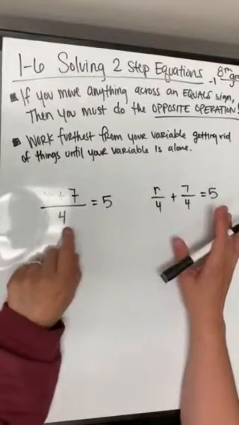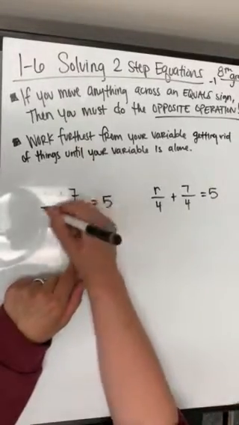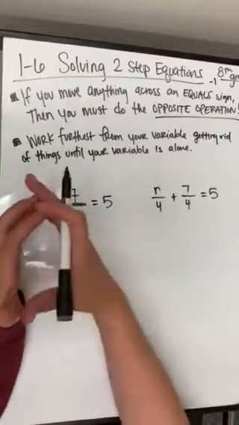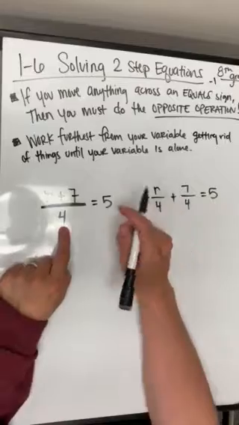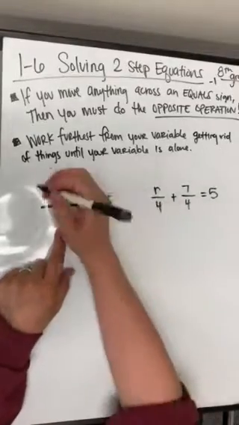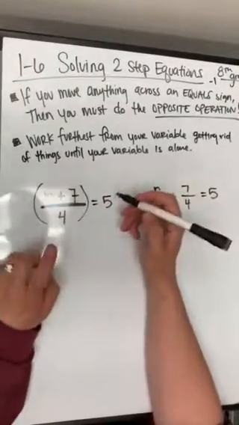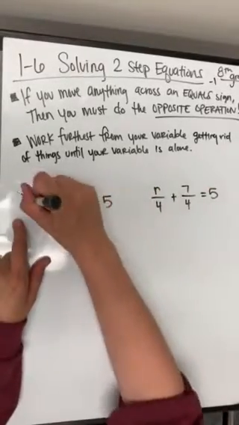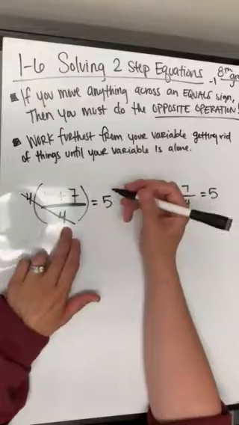Now, over here, because this is happening to everything, it's not just connected with our variable, we want to get rid of this denominator first. It's currently dividing, so we want to multiply. So 4 divided by 4, which is what is happening now, is gone.